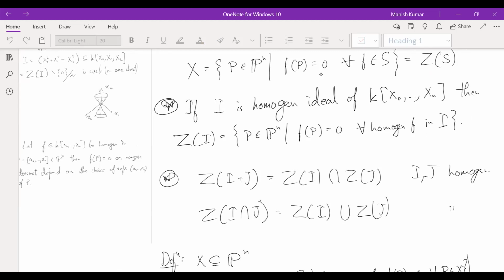Similarly, if I and J are homogeneous ideals, then their intersection is homogeneous. So how do you prove that? Here you can use the other characterization.